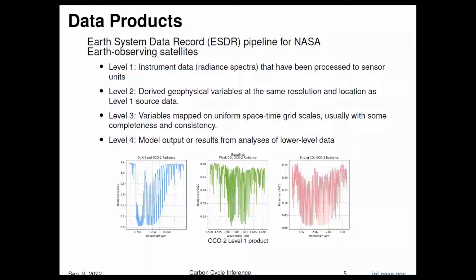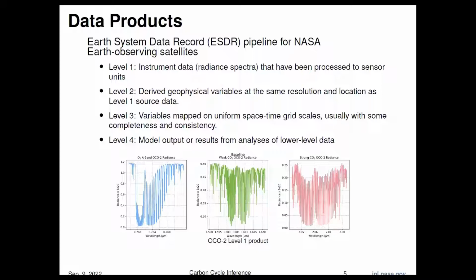So like the example on the bottom here, this is basically the intensity of radiation observed by OCO2 in this case at a particular location and at a particular time. And in this case, that's a function of wavelength. So the instrument observes at this collection of wavelengths, and that's essentially what constitutes a level 1 observation.